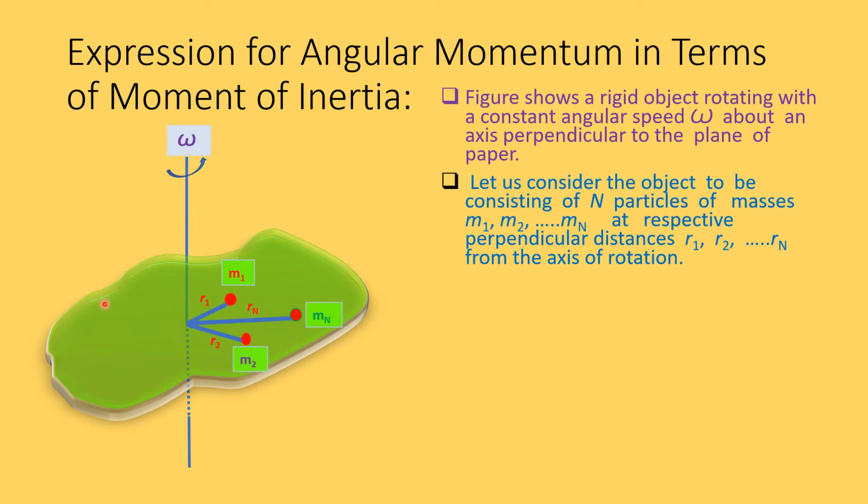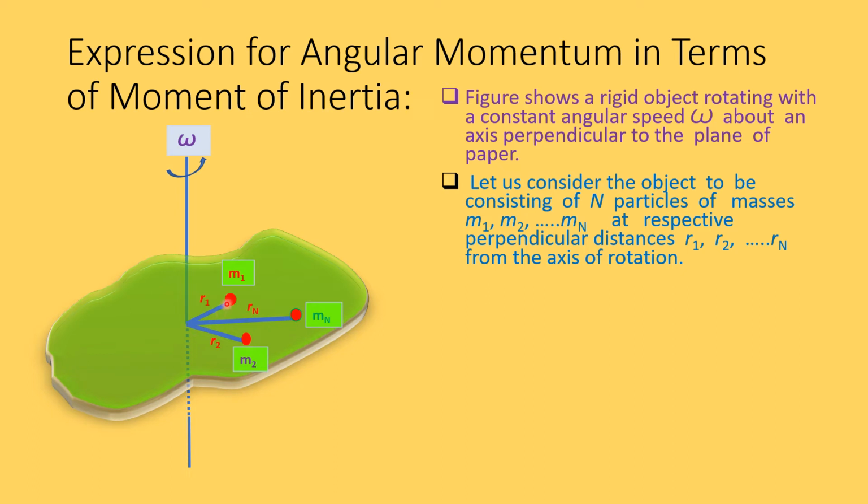Let us consider the object consists of masses m1, m2, m3, m4 and up to the nth particle mn, and they are situated at perpendicular distances, say r1, r2, r3, r4 and so on up to rn from this axis of rotation.